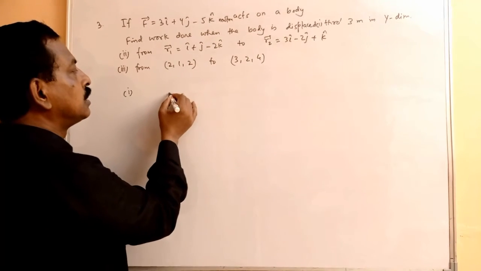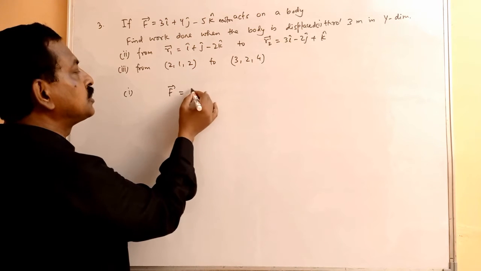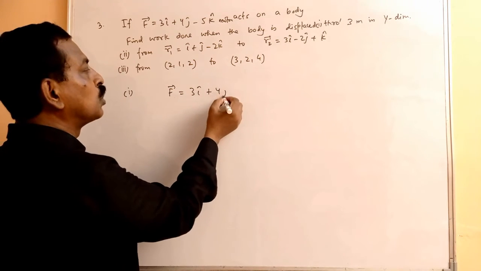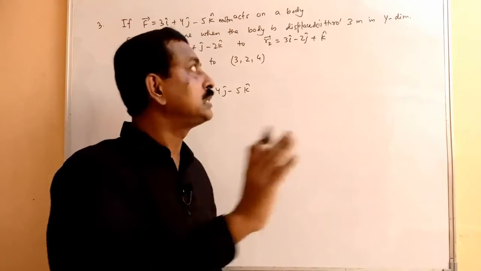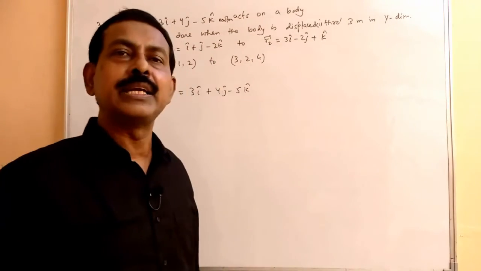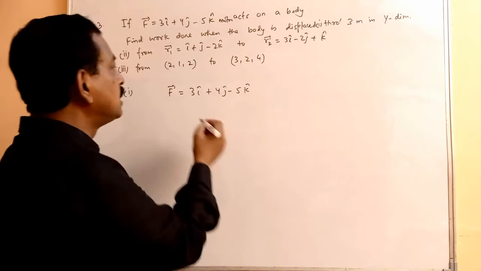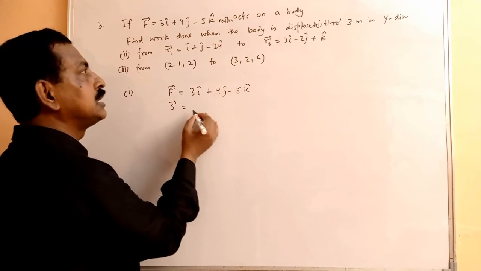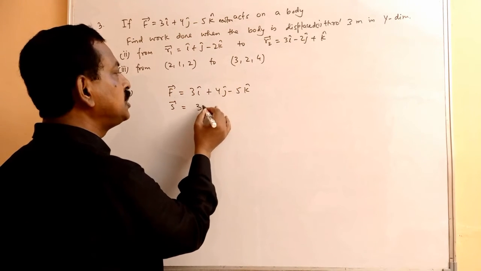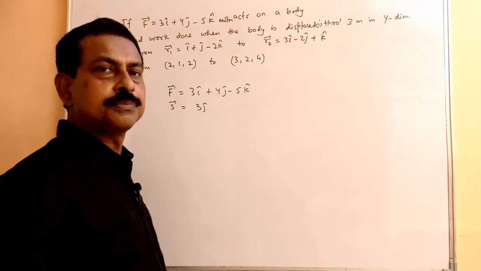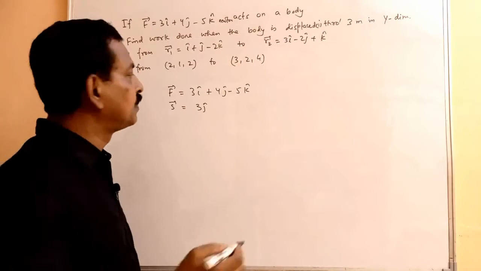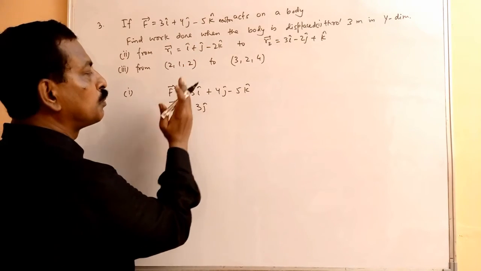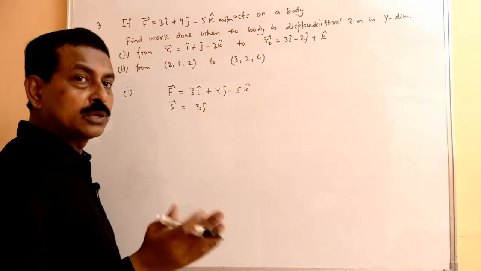given that F is 3i plus 4j minus 5k. Body is displaced through 3 meter in Y direction. It means the displacement, if I consider, will be only 3j cap, because it is 3 meter in the Y direction, so the X component and Z component will be 0.